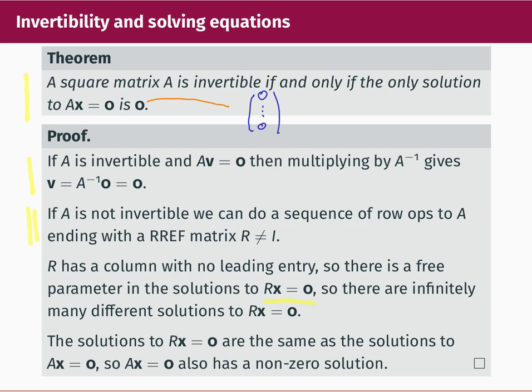In particular, if you can choose them freely, then there are infinitely many different solutions to the corresponding equations. But the solutions to Rx equals 0 are the same as the solutions to Ax equals 0. That was the whole point of our row-reduced echelon form method for solving equations. So Ax equals 0 also has infinitely many different solutions. There is also a free parameter in the solutions. In particular, there must be a non-zero solution.